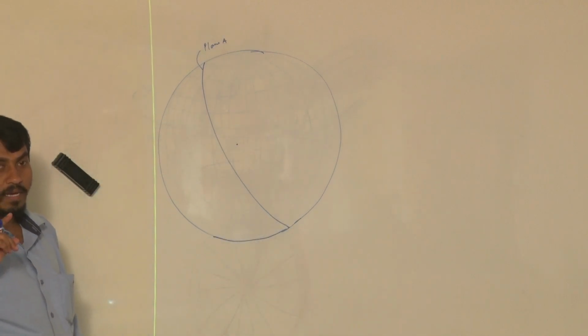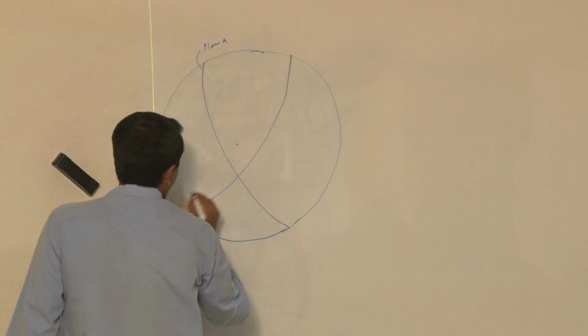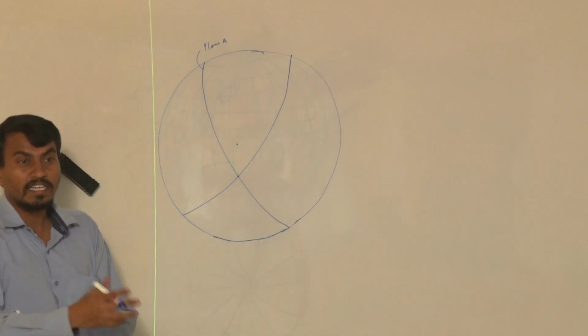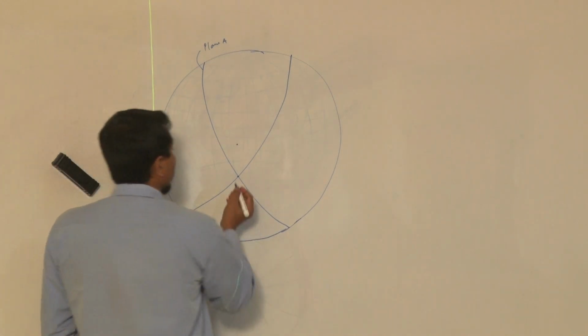So I am assuming that another plane B is going to intersect it. So there is a line of intersection. The line of intersection means a linear feature, plunge and trend. So that would be represented by a point.